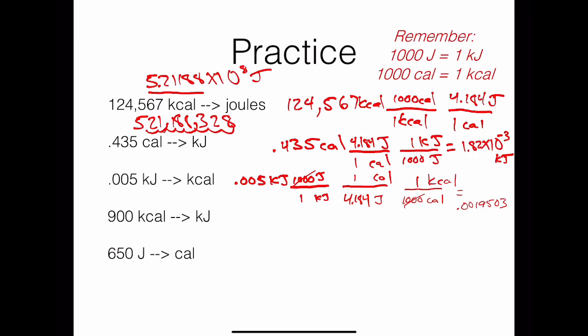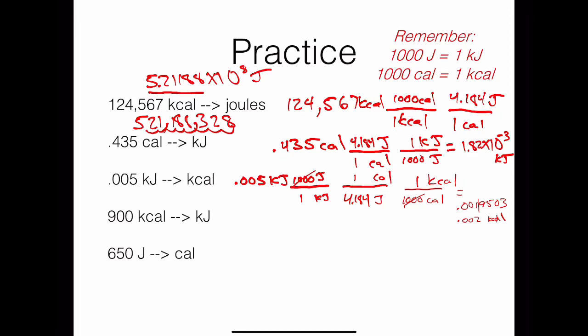But if you notice, our initial number only has one sig fig, so we only need one sig fig in this final answer. And if we do that, we're cutting it off right here. The 9 rounds the 1 up to a 2, and we end up with 0.002 kilocalories for our final answer.